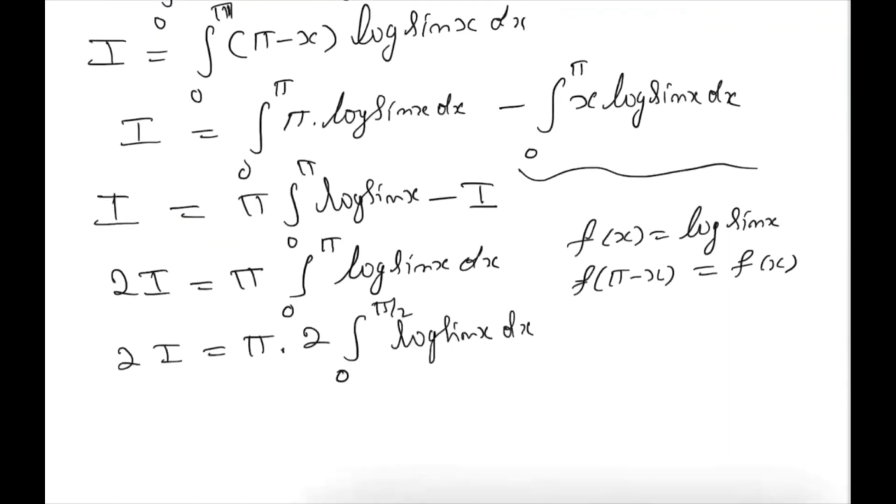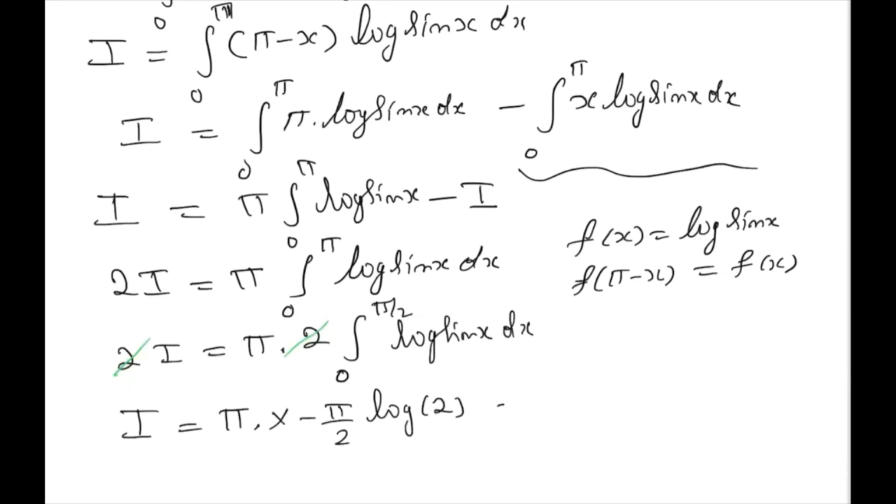These two get cancelled. So I equal to pi times integral 0 to pi by 2 of log sin x, which is minus pi by 2 log of 2.